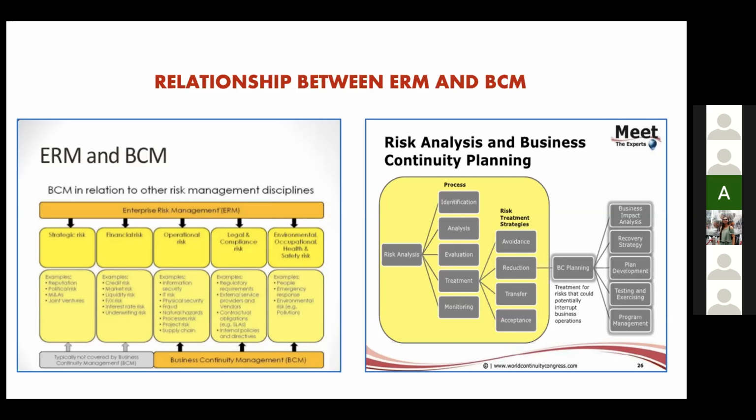In the treatment part, there are risk treatment strategies: how we can avoid the risk, how we can reduce the risk, and transfer and acceptance. And for reduction, under the risk treatment strategies, we have to plan how we can continue our business, how we can reduce our business impact and go after it.